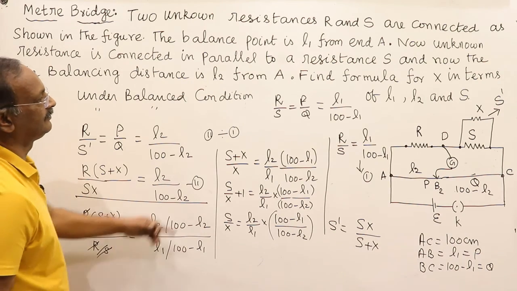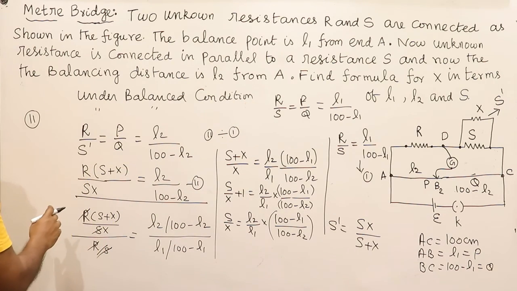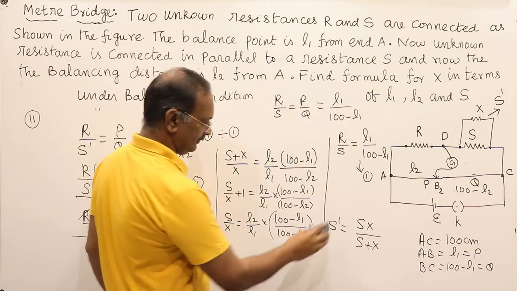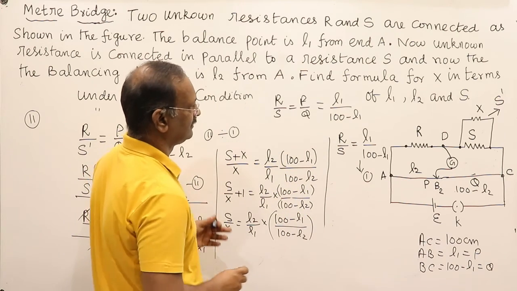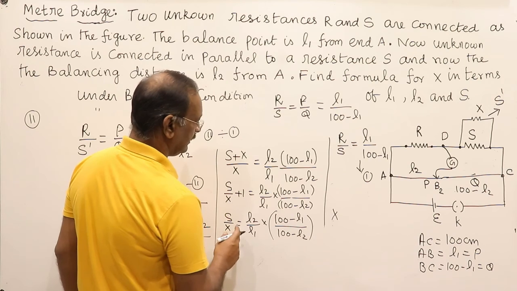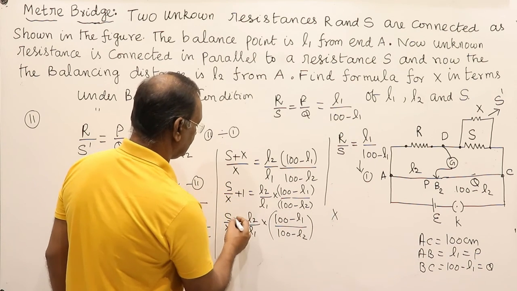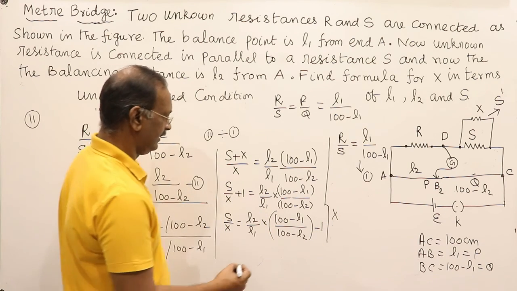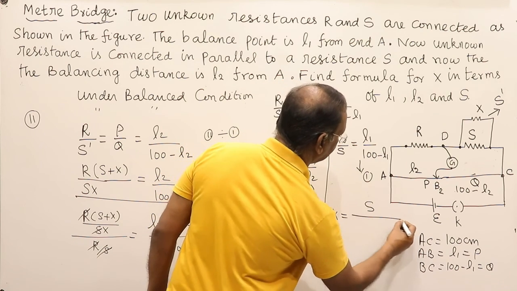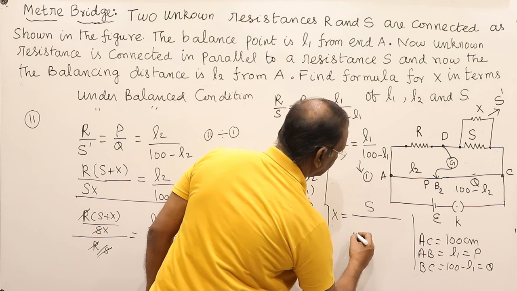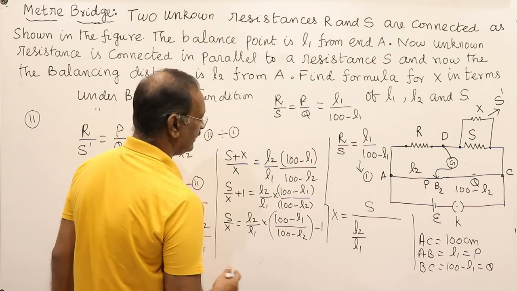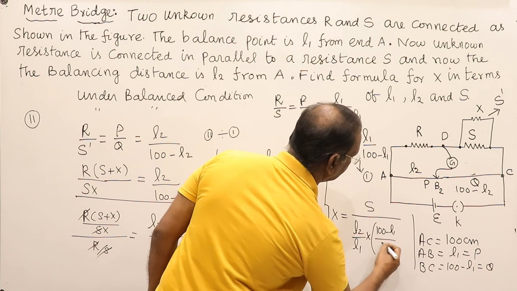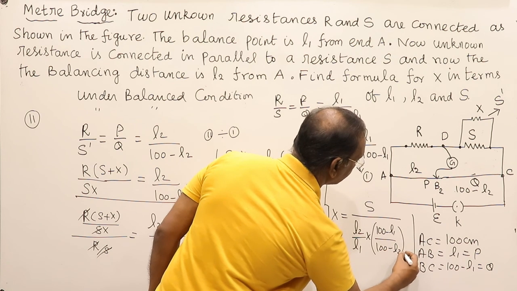Now we have to find the formula for X in terms of L1, L2 and S. Therefore, X goes here and the 1 goes to the other side as minus 1, so S by X is equal to L2 by L1 into 100 minus L1 divided by 100 minus L2 minus 1. So X is equal to S divided by the quantity L2 by L1 into 100 minus L1 divided by 100 minus L2, minus 1.